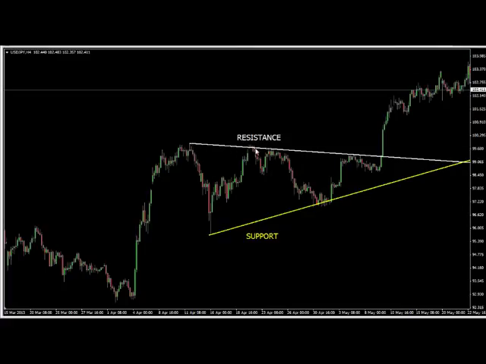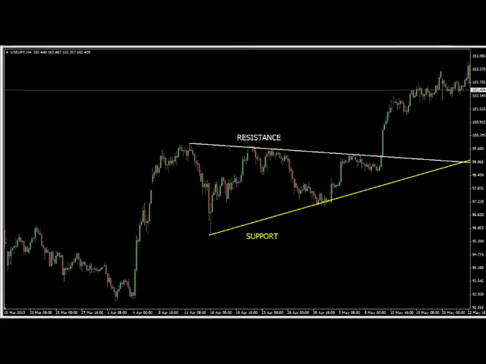So once this is touched 2 or 3 times, we can go ahead and draw a line and extend it out. And you can see that it's touched one more time before breaking above, just as before. Now our level of support is drawn on the bottom here. You don't necessarily always need a level of resistance and support together.